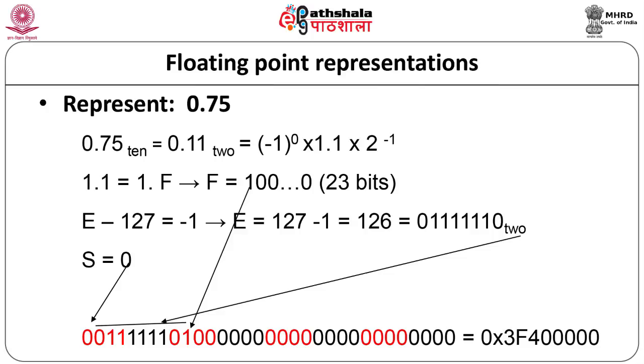Exponent e minus 127 is equal to minus 1. Therefore, e is equal to 127 minus 1, that is 126, and we can write its binary form, and s is equal to 0. Thus, we can represent the number as 0, 0111 1110, 100 and so on up to 23 bits, which is equivalent, in hex, to 3F400000.